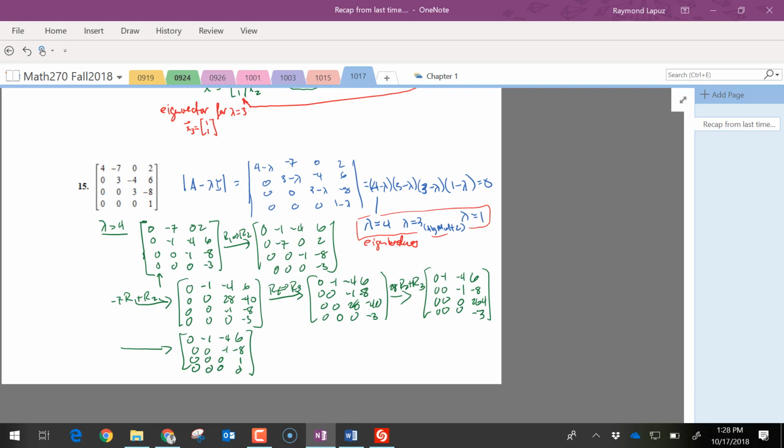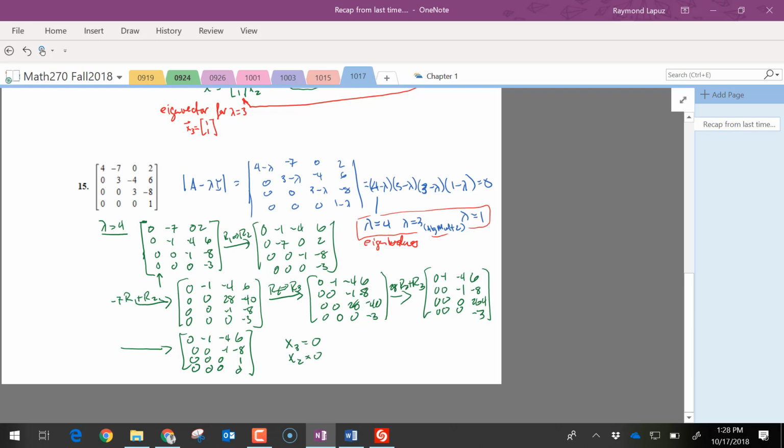So if we're going to set this equal to 0, we're going to get x4 equal to 0. So x3 is equal to 0, and x2 is going to be negative 8x3, so that's also going to be 0.